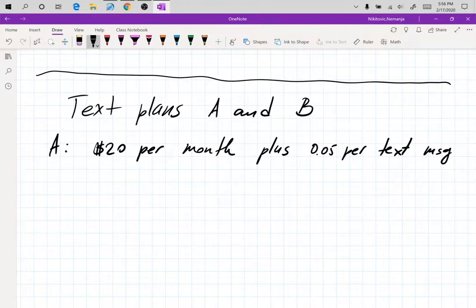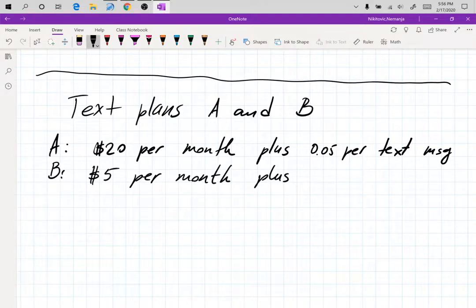It used to be very expensive. And then the other one is $5 per month plus 10 cents per text message. And simply the question says, which plan is better?